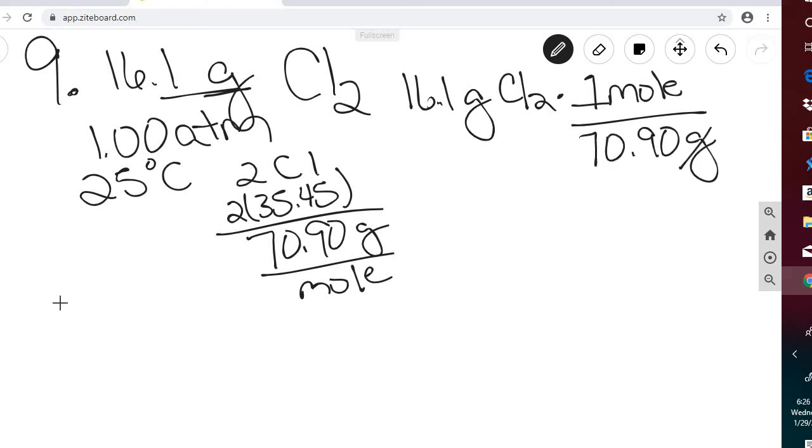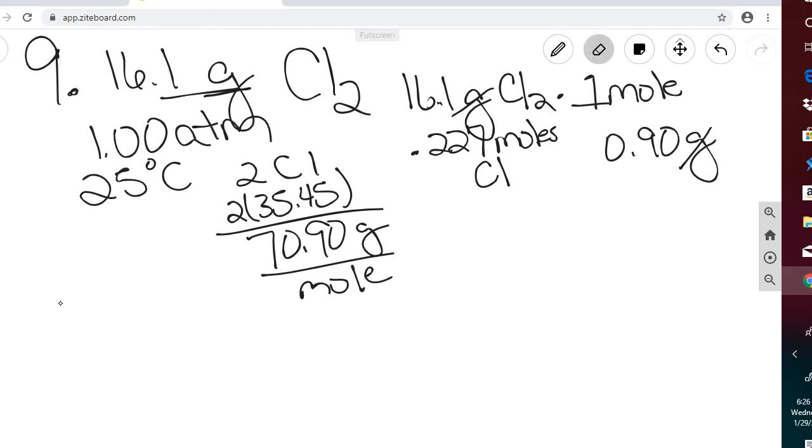Grams are going to cancel. 16 divided by 70.90 will give us 0.227, with 3 significant figures, moles of chlorine gas. Okay, so let's circle that. That's one value that we're going to need. And we have our pressure right there.